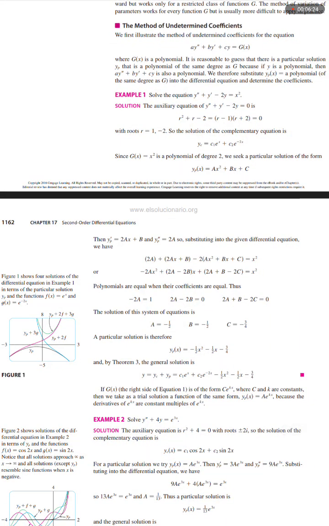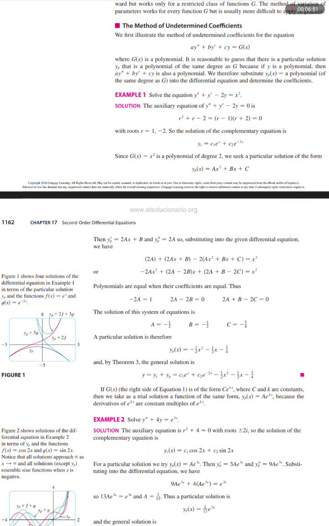The auxiliary equation of y double prime plus y prime minus 2y equals 0 is r squared plus r minus 2 equals (r minus 1)(r plus 2) equals 0, with roots r equals 1 and negative 2.